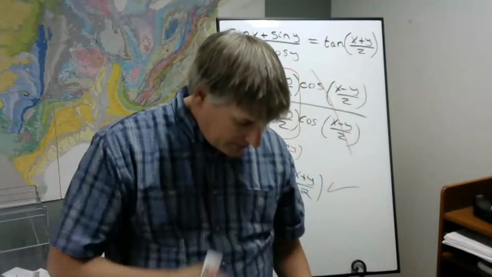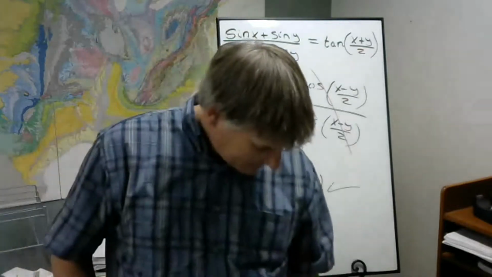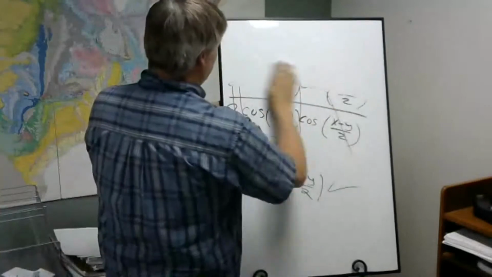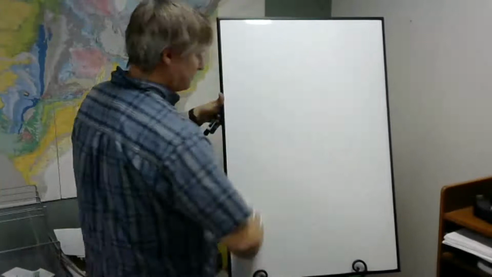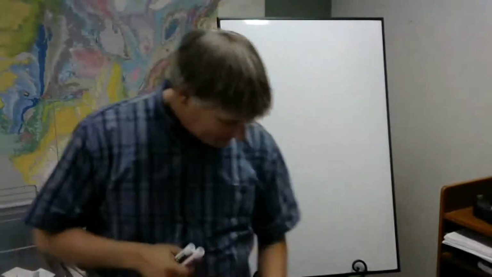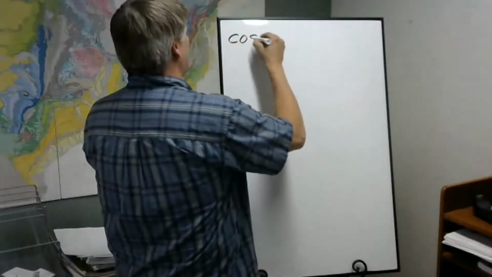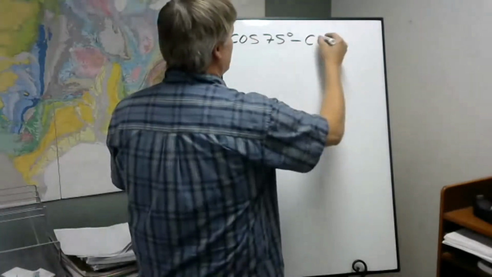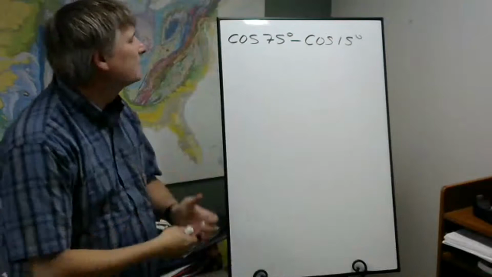Now, some of these are fairly formulaic. Now, here's a good one, number 20. We're going to compute the cosine of 75 degrees minus the cosine of 15 degrees.